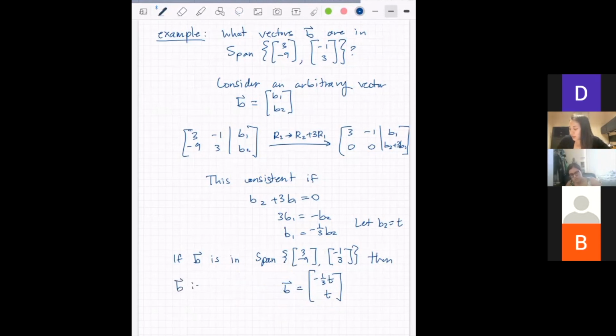Then b is of the form like this, where t is a real number. Okay.